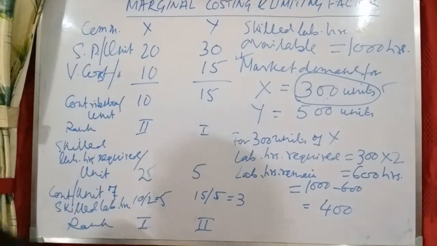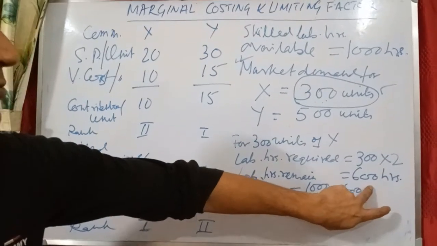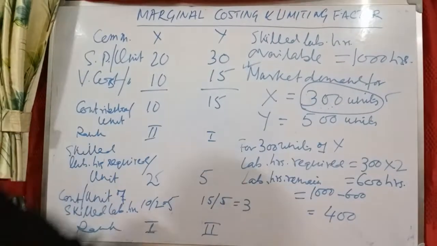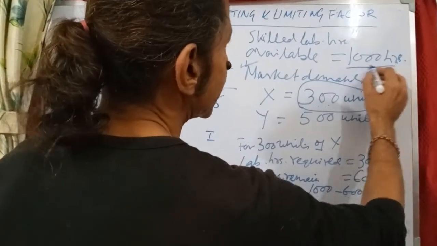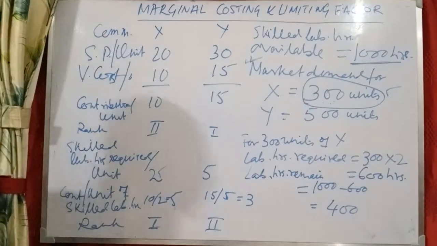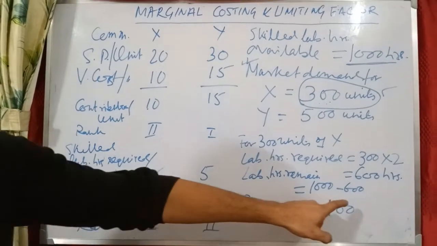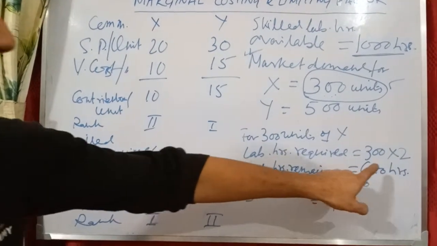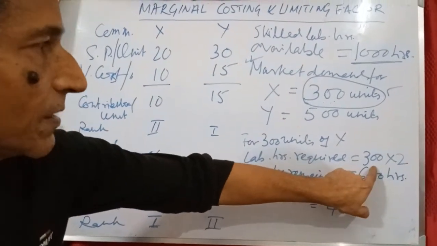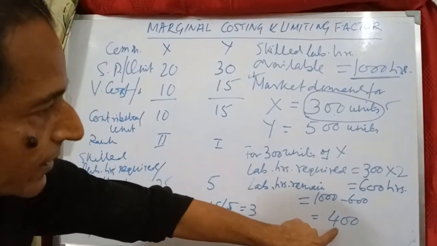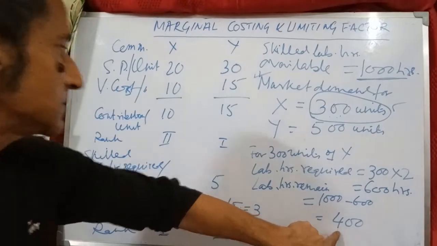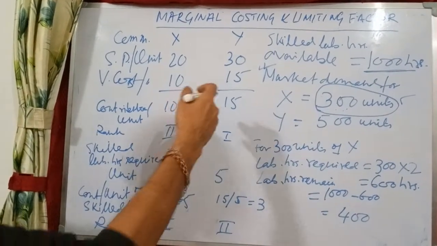Product X needs 600 hours to produce 300 units, and the firm has 1000 labor hours at its disposal. So after producing these 300 units and consuming 600 hours, the firm has 400 labor hours to utilize in production of product Y.